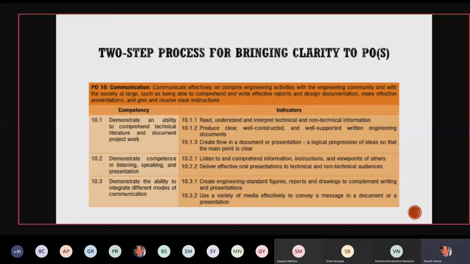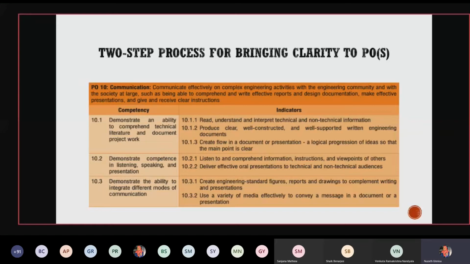The second competency is that the learner should be able to demonstrate competence in listening, speaking, and presentation. So this is verbal and non-verbal communication, listening, speaking, and presentation.